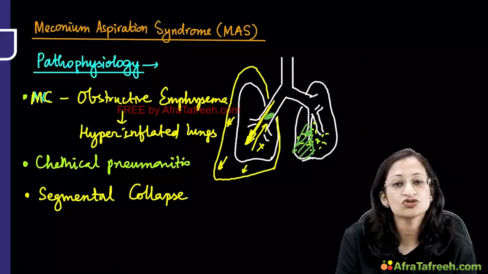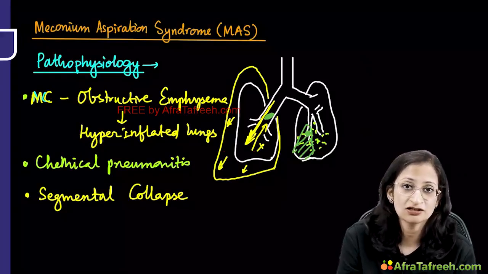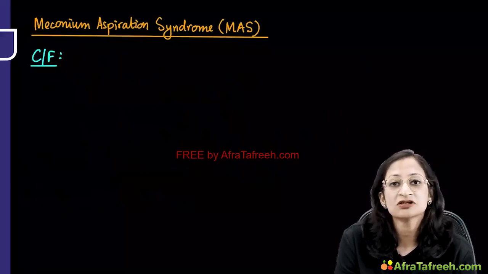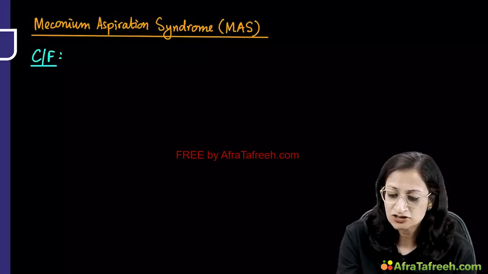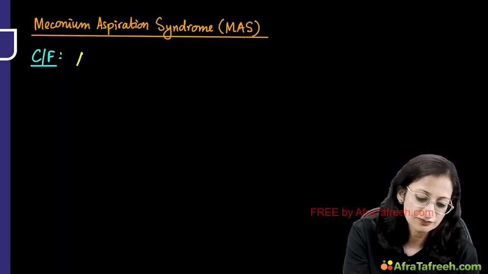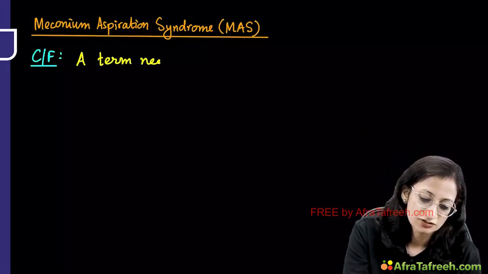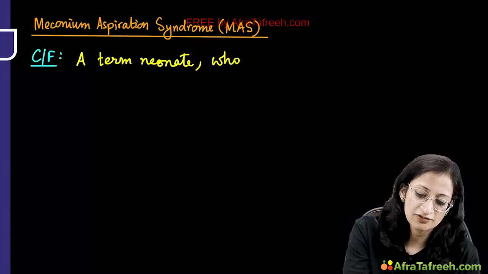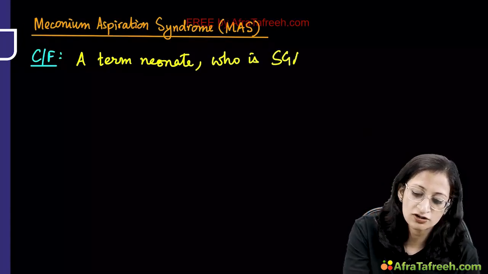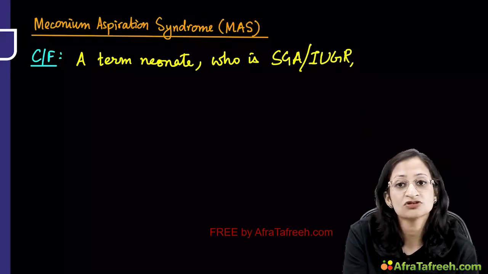Now, once we have understood the pathophysiology, the chest X-ray findings are very, very easy to understand, right? So first, what is a typical case scenario in which you are going to suspect meconium aspiration syndrome? We will suspect this in a term neonate who is SGA, so the baby is small for gestational age, or the baby is having IUGR. In those babies, the risk of meconium aspiration syndrome is more.